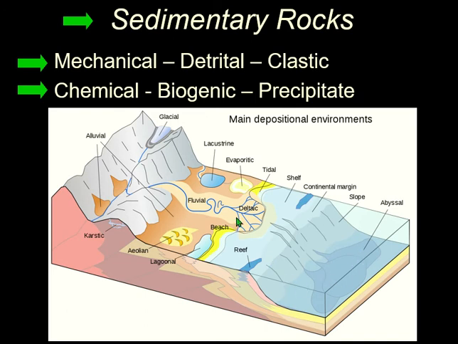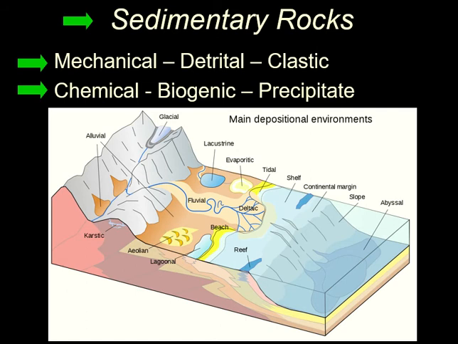As it goes down, more or less, there are big bits up here and little bits here and really teeny tiny bits down here that form the detritus of the detrital or mechanical sedimentary rocks.